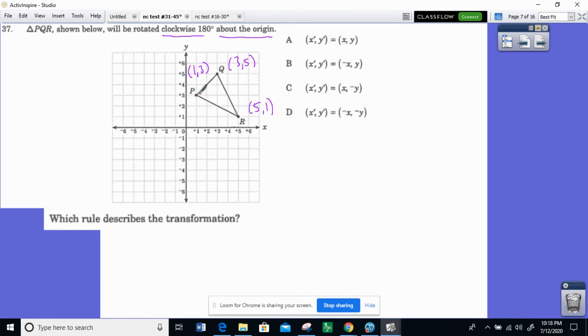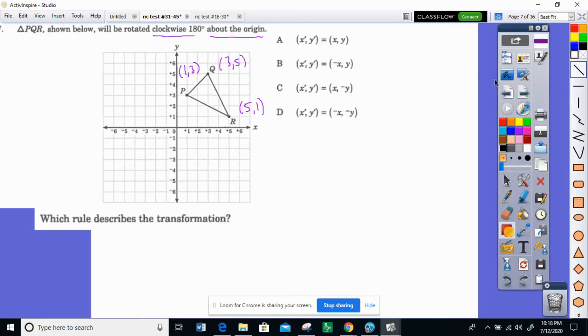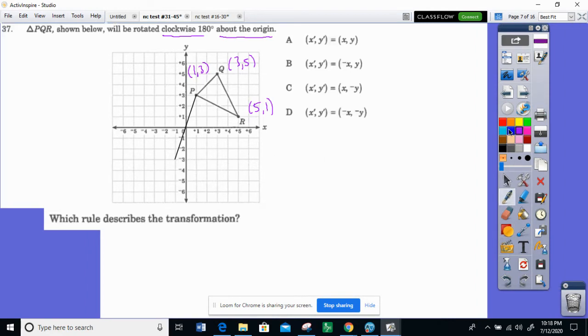Now, when it says that we're going to rotate 180 degrees about the origin, that means that we're going to draw a straight line through the origin onto the other side of the origin, and point P is going to be here at -1, -3. That's going to be point P prime.